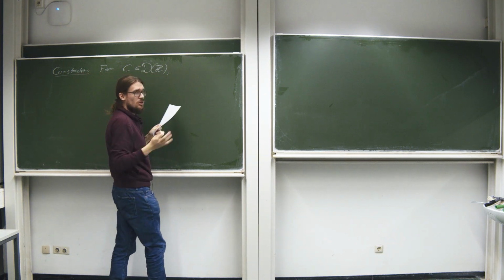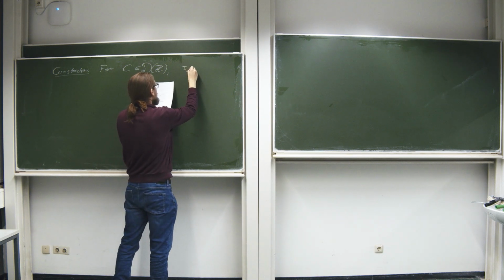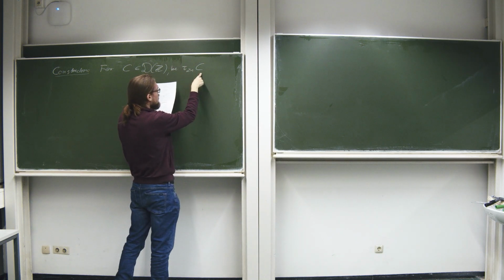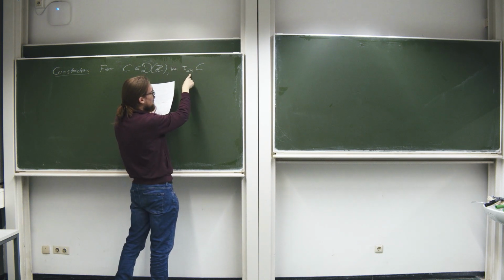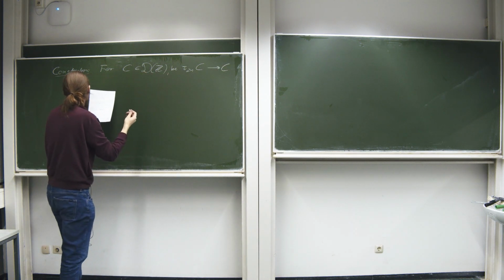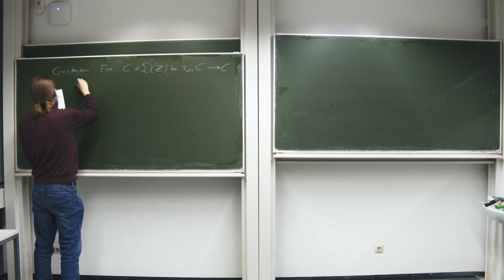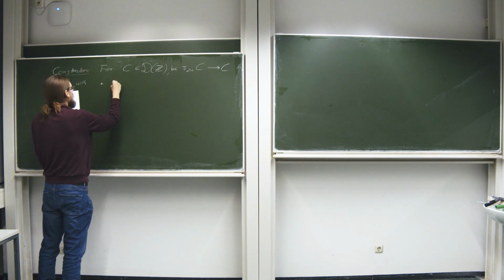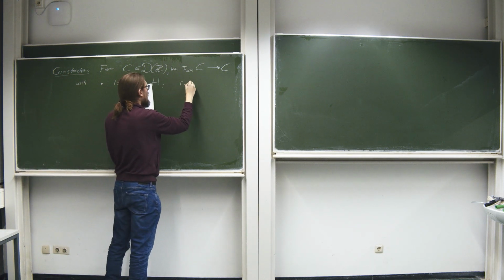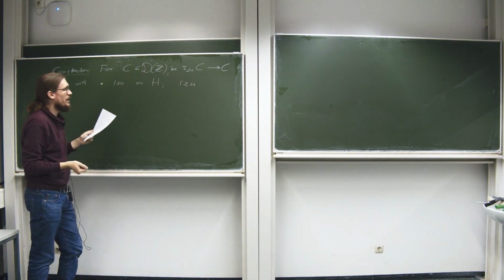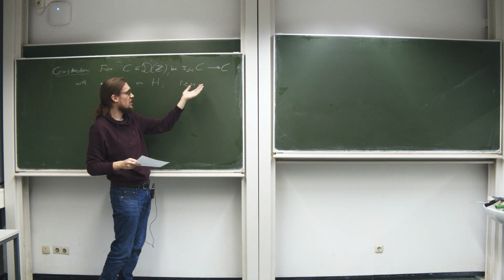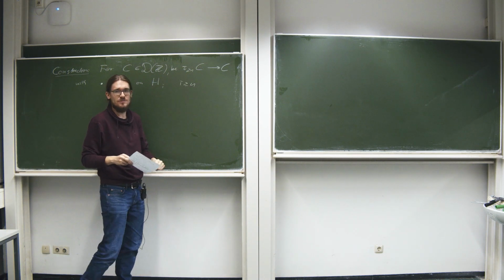So what this means is that we have another object, which I'm going to write tau bigger or equal n C, which comes with a map to C, which is an iso on H_i for i bigger or equal n. So this guy has the same homology groups as C in degrees bigger or equal n, and it comes with a map that witnesses that.